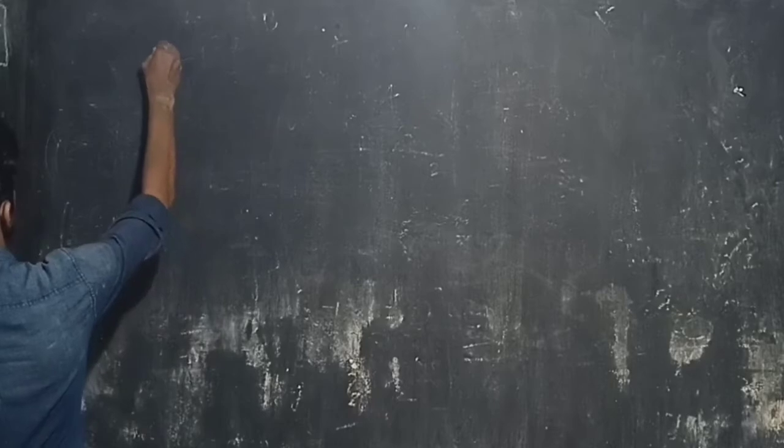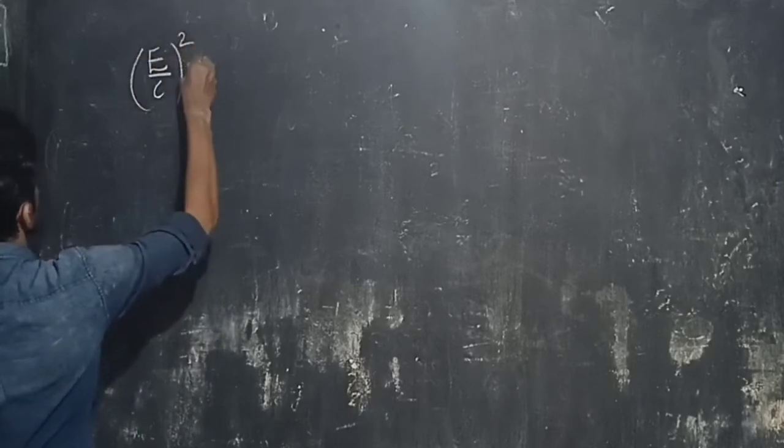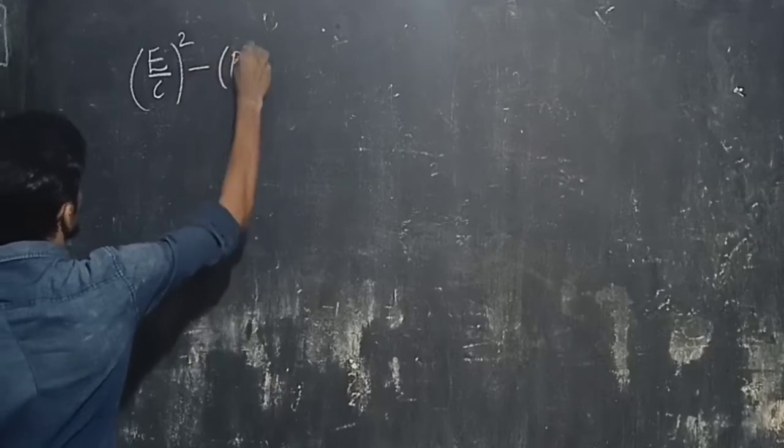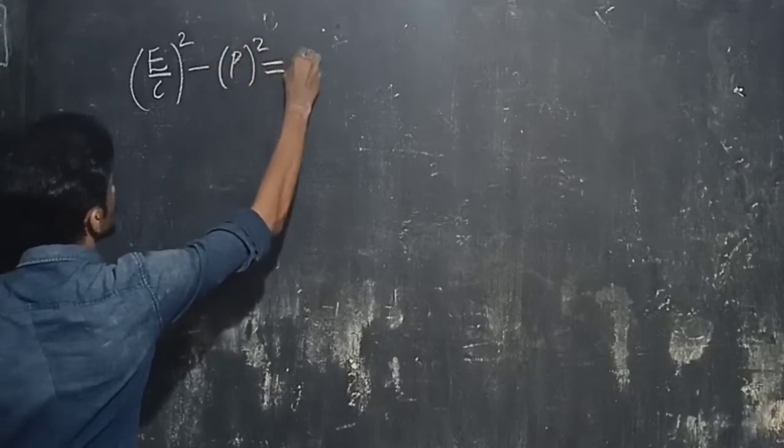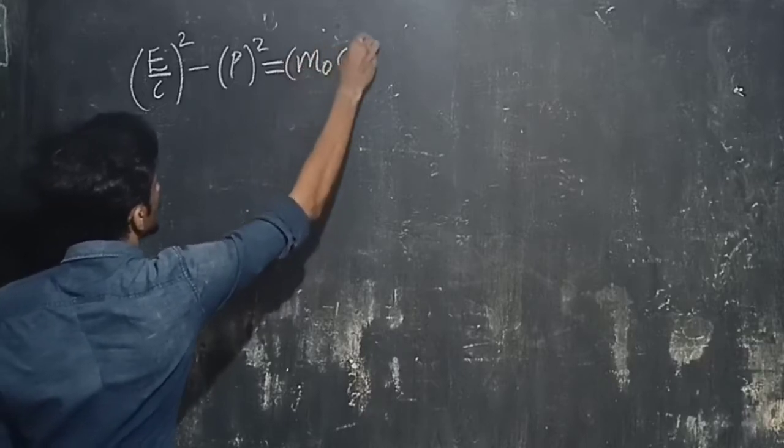From the dot product of the 4-momentum, we know that E by C whole square minus P square is equal to m naught C whole square.